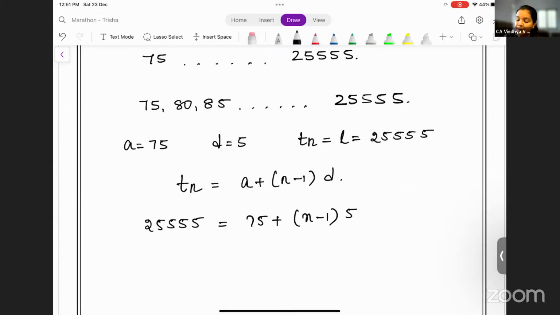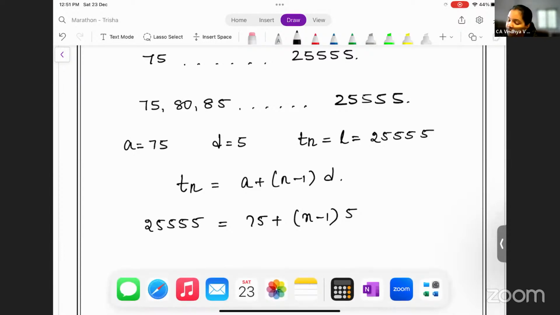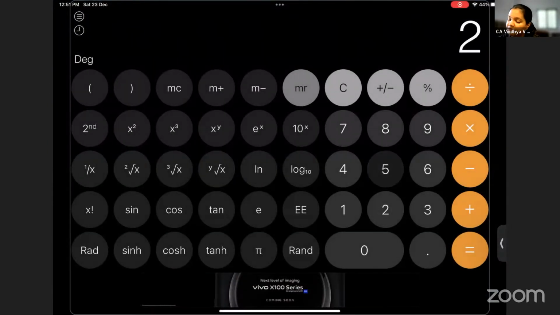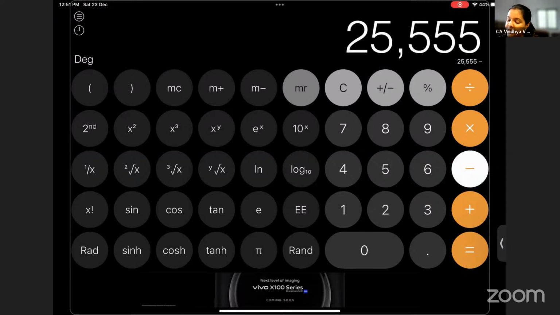So the first step is you shift this 75 to the other side. What do you get? 25,555 minus 75. Next, you have into 5 there, so divided by 5 here. Next you have n minus 1. When the minus 1 goes to the other side, it becomes plus 1.